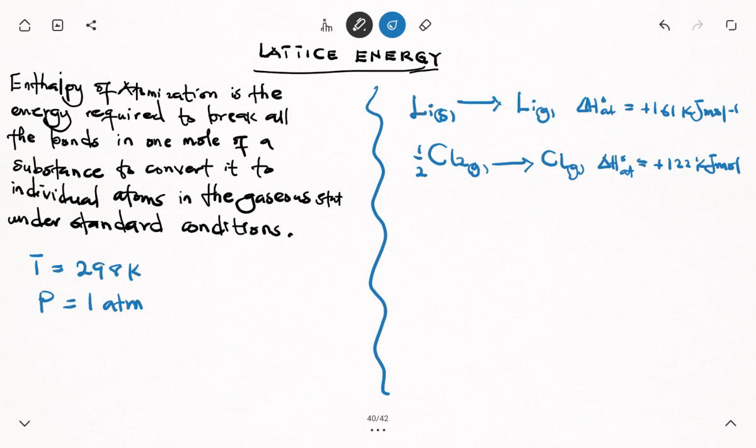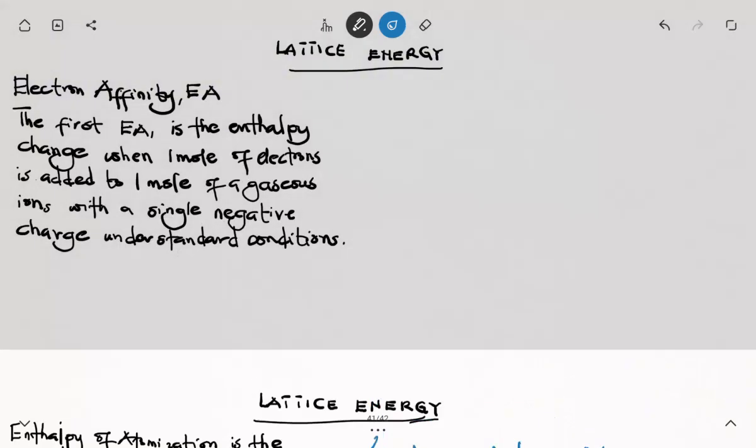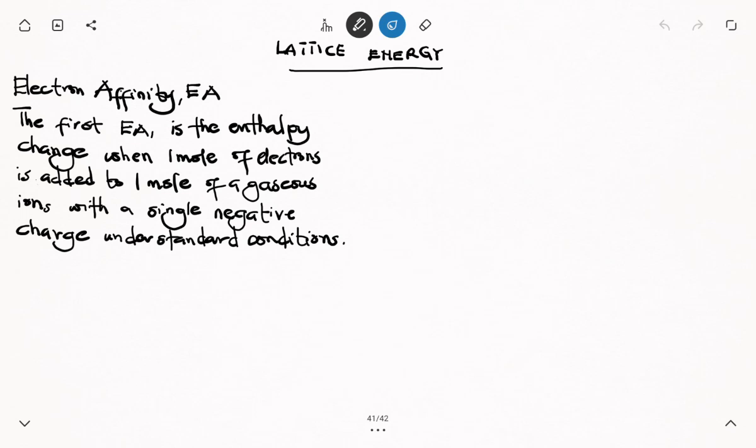Now the last experimental data we need to be able to work out the lattice energy is the electron affinity, which is simply represented as EA. This is the enthalpy change when 1 mole of electrons is added to 1 mole of gaseous atoms to form ions with a single negative charge under standard conditions.